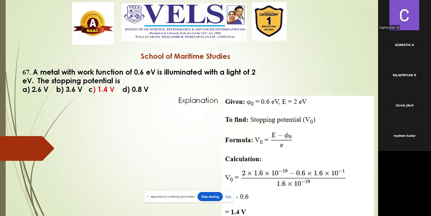The value of E is given in the problem, 2 into 1.6 into 10 power minus 19, minus phi naught 0.6 into 1.6 into 10 power minus 19, divided by e, 1.6 into 10 power minus 19. So the value of stopping potential is 1.4 volt.